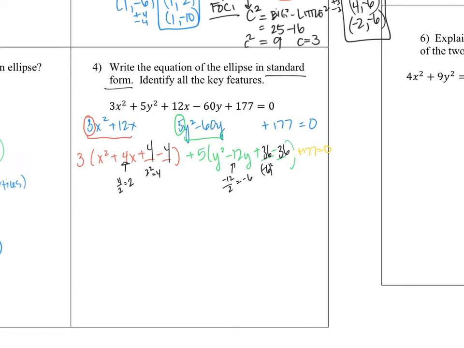So the whole reason in doing that was so the first 3 terms here will factor to that nice quantity squared where there's an x here. And we're going to put 2 because 2 times 2 makes the 4. 3 still hanging out. Then with my y's, again, taking just the first 3, that'll factor to y minus 6 this time. 6 times 6 is 36, and we need the -12. We'll still have the 5. And then I'm still going to have the 177 equals 0.